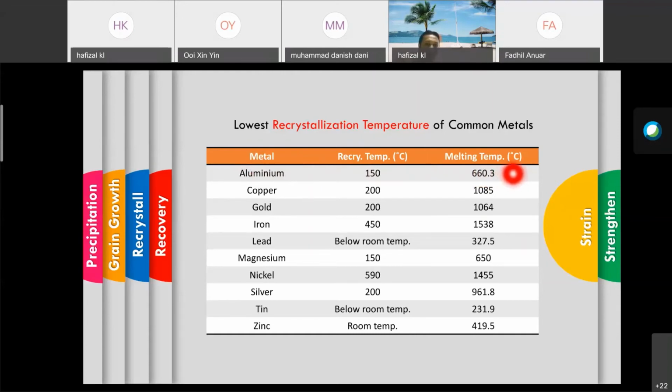So when we introduce a temperature at the recrystal temperature, around 150, it can recrystallize again. Basically the recrystallization temperature is below the melting temperature, and you can see it for various different materials, at a lower temperature than the melting temperature.